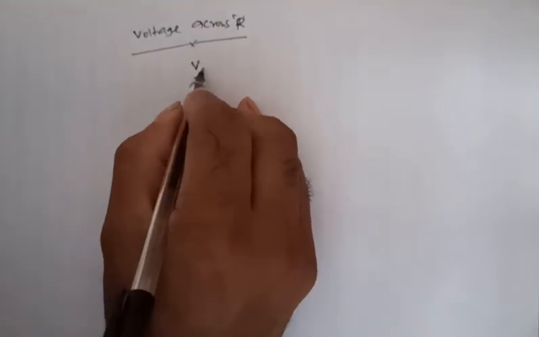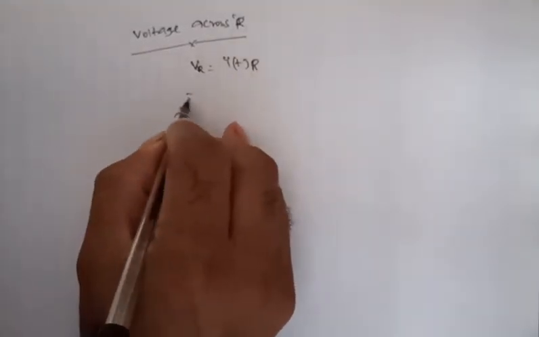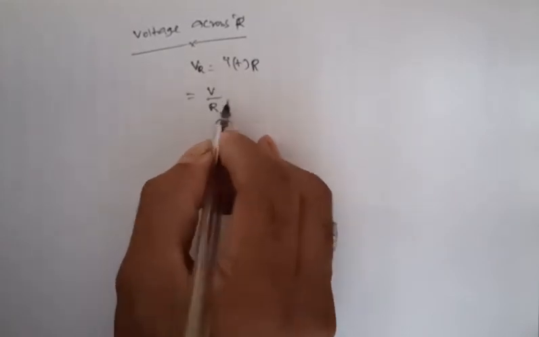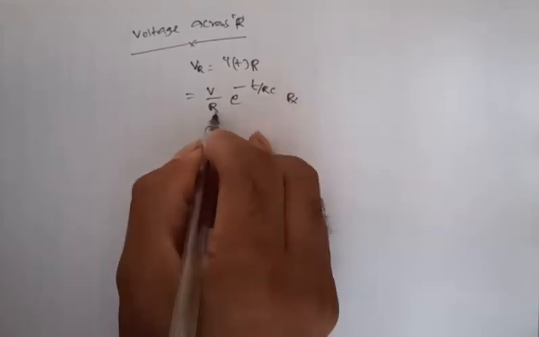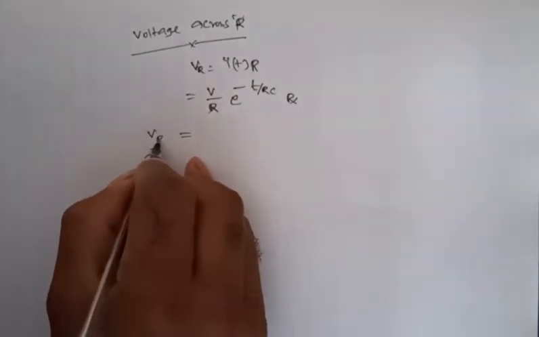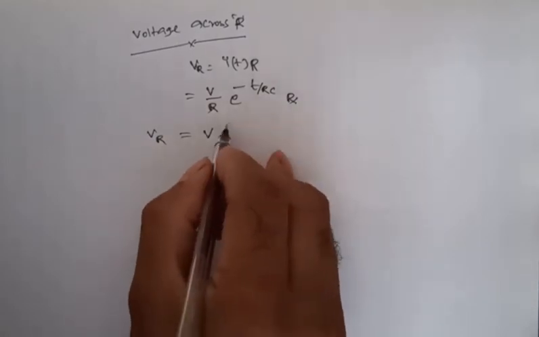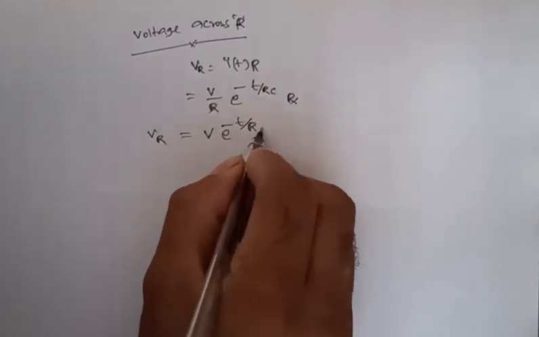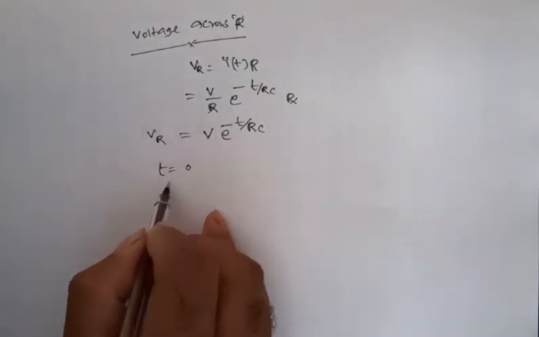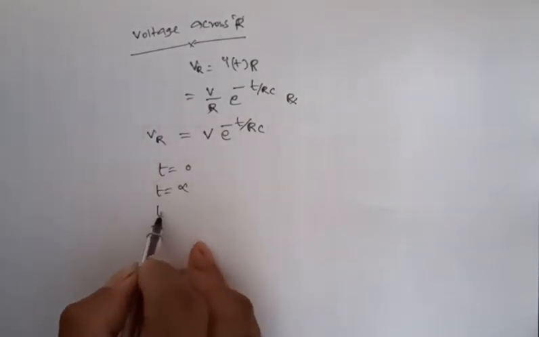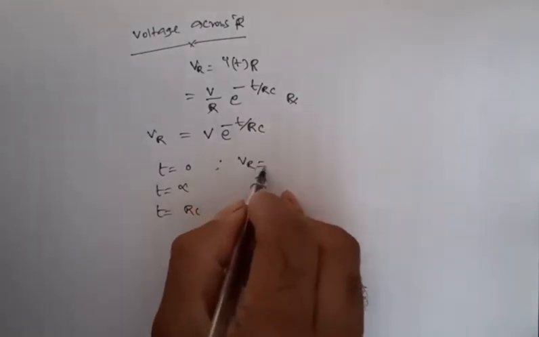We know that the voltage across resistor VR is equal to I of t into R, and the I of t equation we got e power minus t by RC into R. R gets cancelled. Now voltage across resistor VR equal to V into e power minus t by RC. Okay, now let us see the different conditions at t equal to 0, t equal to infinity, t equal to RC. At t equal to 0, VR will become V.